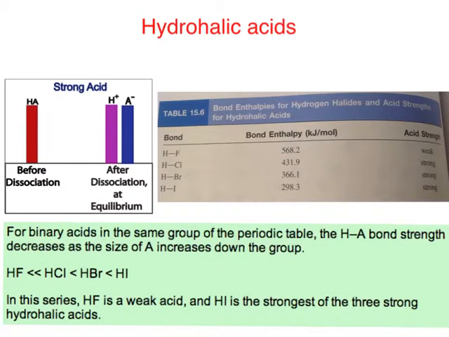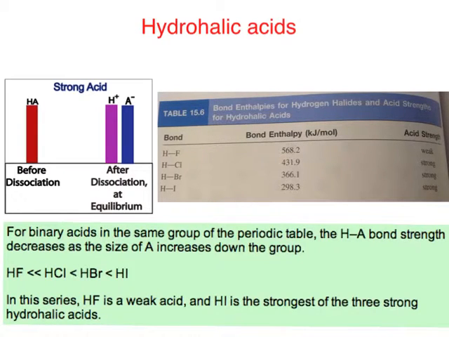Hydrohalic acids, as I already mentioned, are hydrogens bonded to group 17 elements. Recall that strong acids, as I just mentioned, dissociate nearly or up to 100%. So what makes a hydrohalic acid strong and what makes it weak?